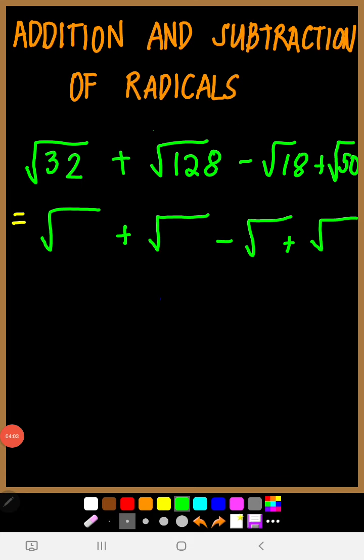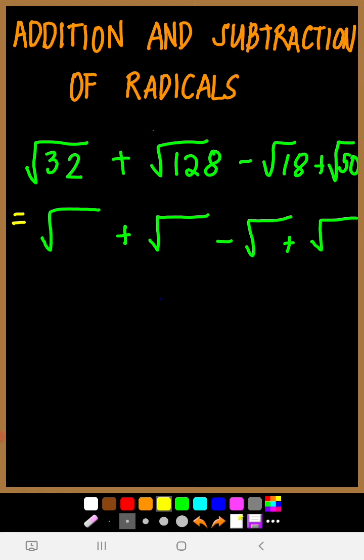Okay, here's another example. So we have square root of 32 plus square root of 128 minus square root of 18 plus square root of 50. So sasabihin nyo, hindi sila similar radicals kasi although pare-pareha sila ng index na 2, iba-iba yung base nila.